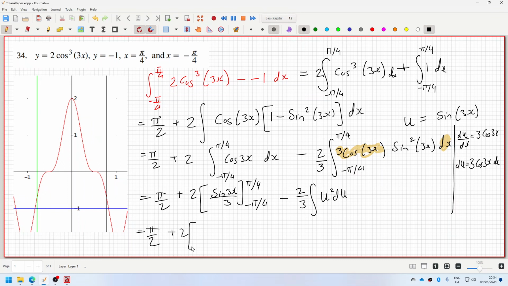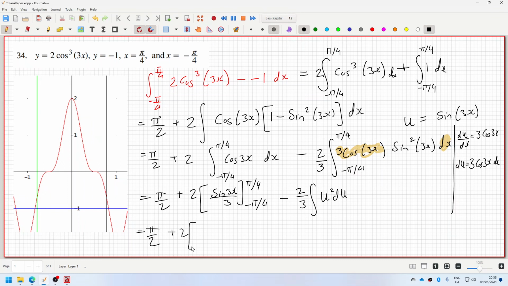Oh, yeah. And then it's going to be 0, isn't it? Because it's odd. Sine is odd. Oh, not over 4.